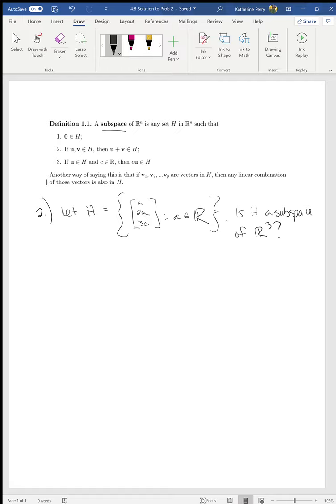It says, let H be the set of vectors of the form A, 2A, 3A, such that A is some real number.